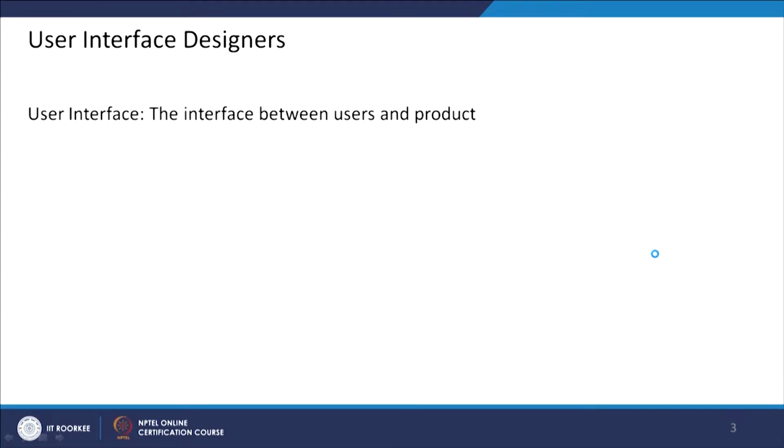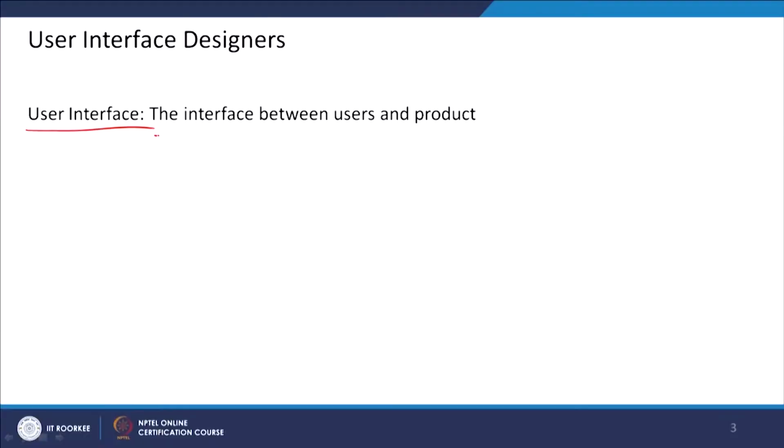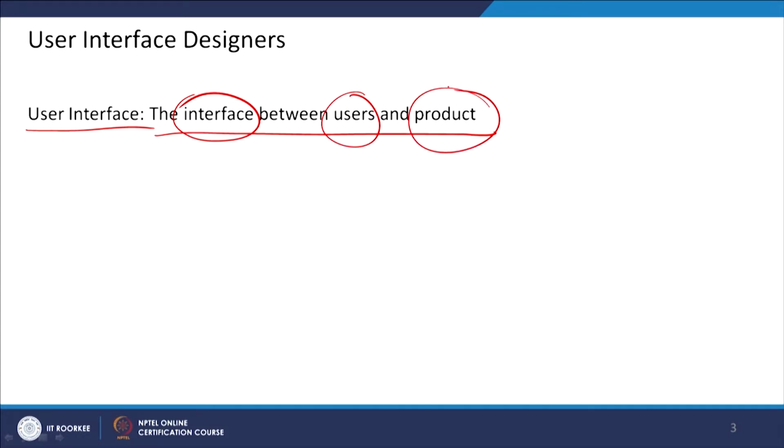Now we have multiple terminologies which might lead to a similar kind of profile. When we try to understand the role of user interface designers, we need to understand what user interface is. The terminology depicts the interface between the user and a product, and this product can be a tangible product or an intangible service.